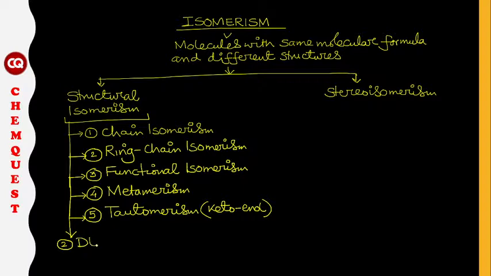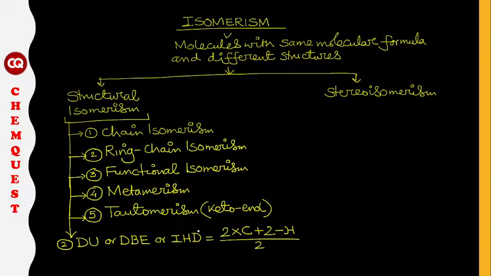DU means degree of unsaturation or double bond equivalent, or index of hydrogen deficiency, IHD. The formula is (2 × carbon number + 2 − number of hydrogen) divided by 2.